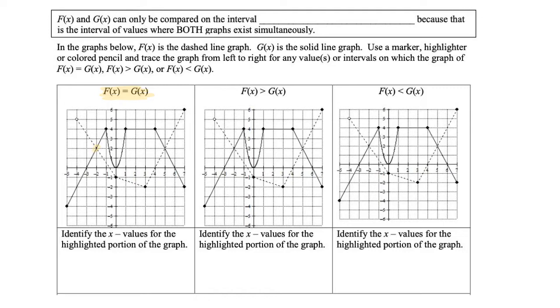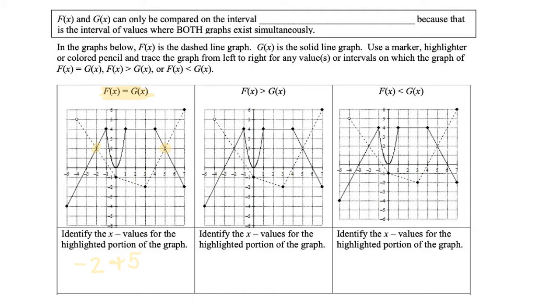That's going to be where they intersect. So they are intersecting there at -2, and they will intersect again, it looks like way over here at +5. So that's the two places that they intersect.